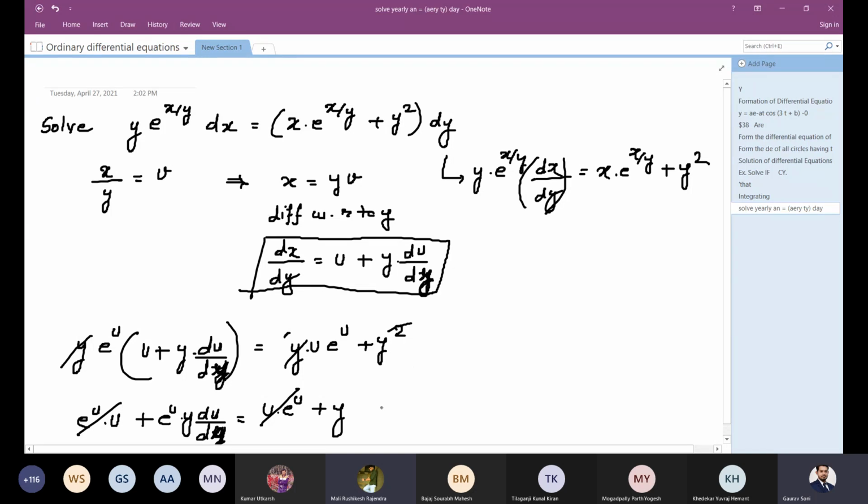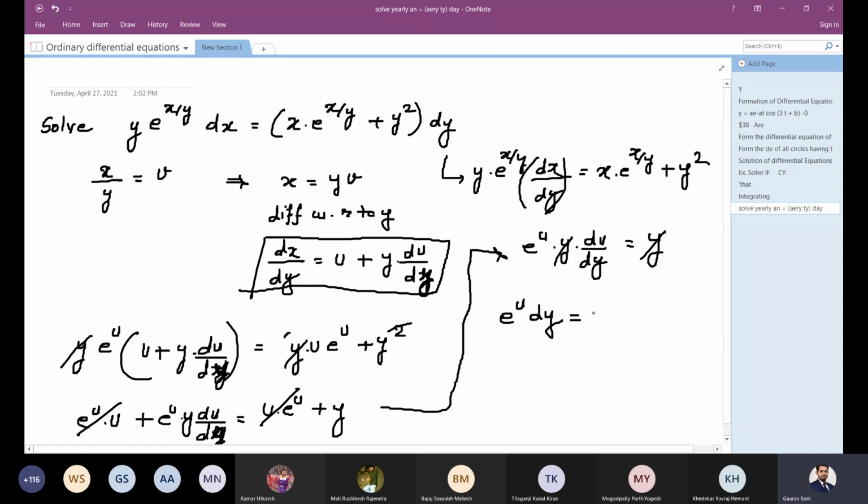So now from this, I'll write it down here. So e to the power u into y du by dy is equal to y. Again, y can be cancelled out, and what is the variable separable form that you get? e to the power u du is equal to dy.